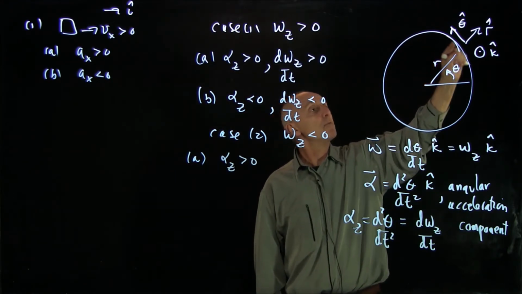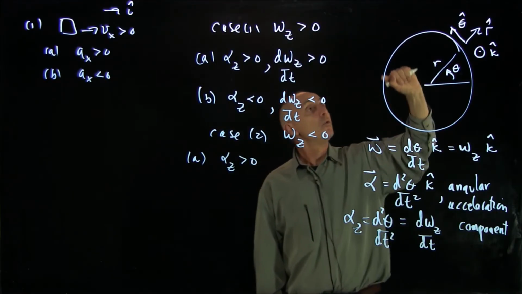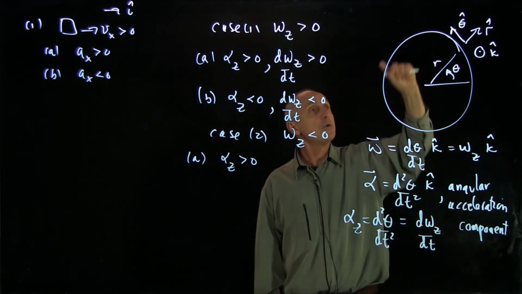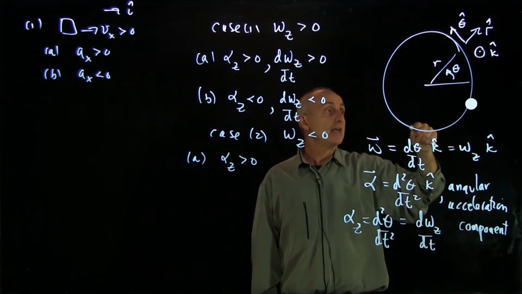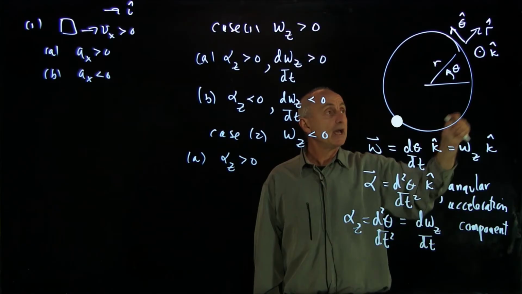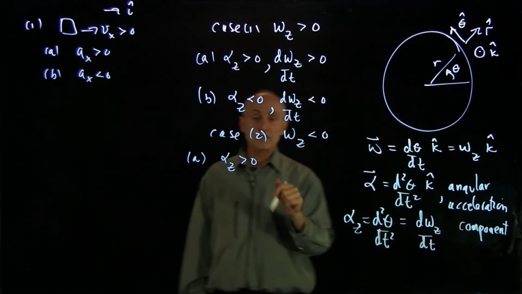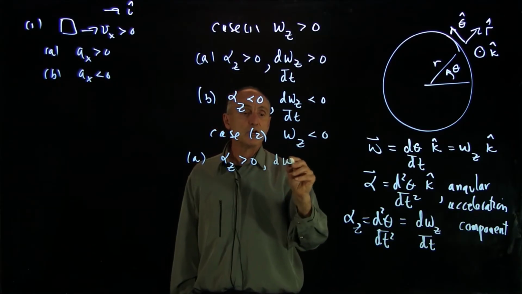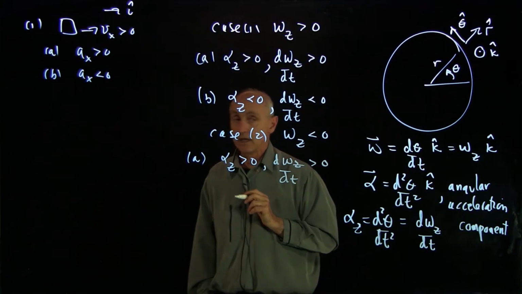The object is moving clockwise, but it has a positive alpha z, which will correspond to slowing the object down. And if alpha z remains positive, it will actually come to rest and then reverse its motion and start to speed up. So this is the case where d omega dt is increasing.